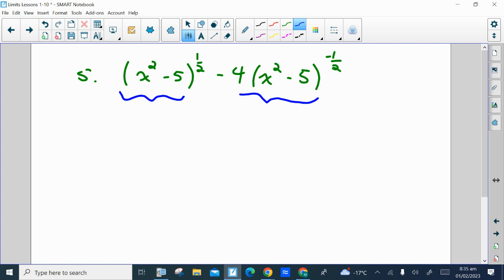We saw yesterday that when you're looking for a common factor involving common bases with different powers, you want to take out the smallest power, which in this case would be negative 1/2. So x squared minus 5 to the negative a half would be our common factor.